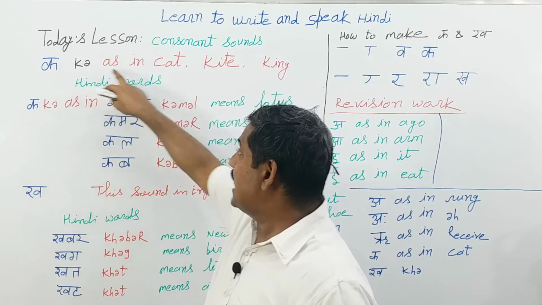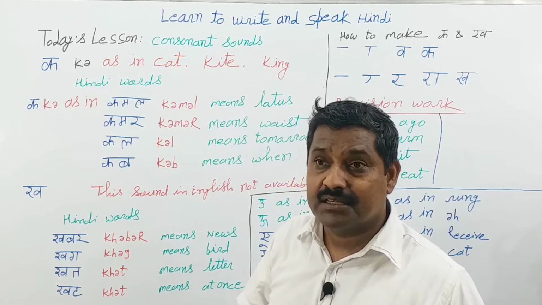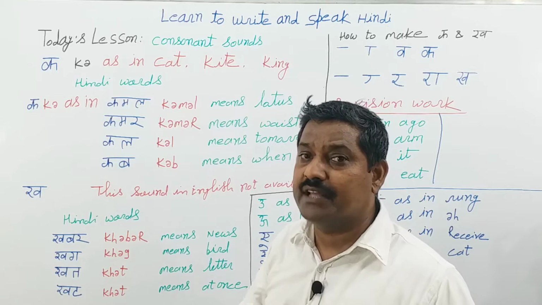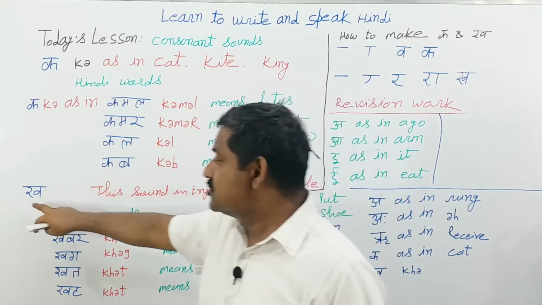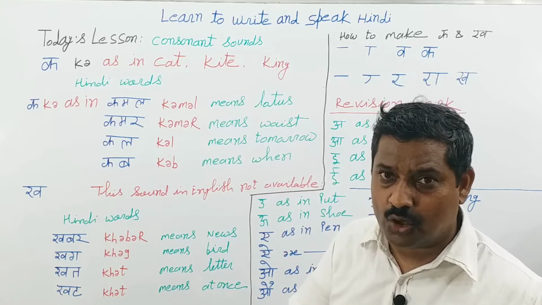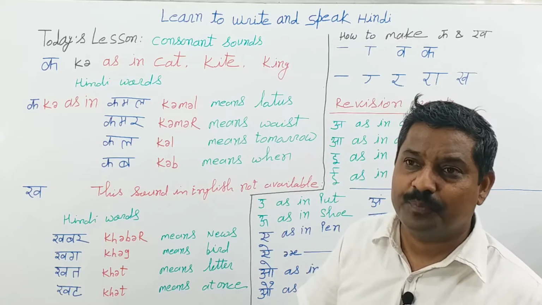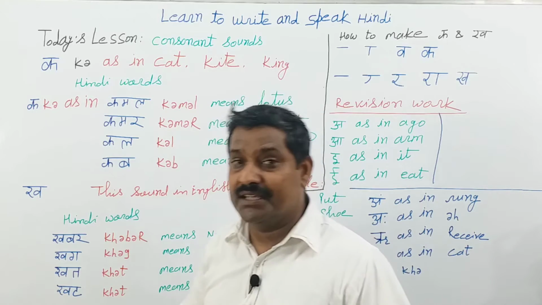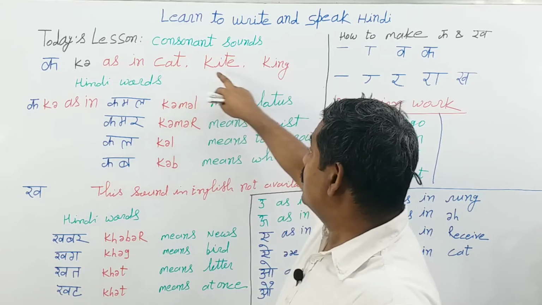For kite, like I am speaking kite, this is not the sound that natives speak. So this is ka and this is kha. And for kha, there is no spelling in English. Whenever I speak the k sound, there will be a spelling with k or c.